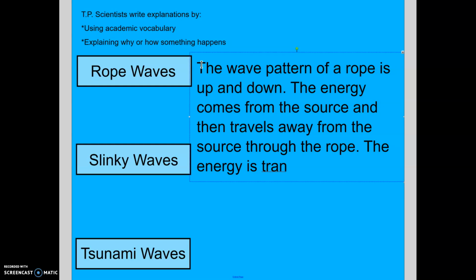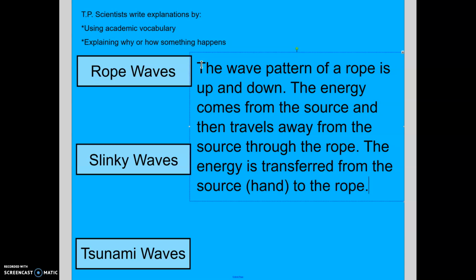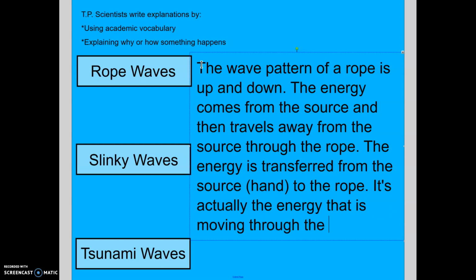So the energy is transferred from the source, which is usually someone's hand moving the rope, from the source to the rope. It's actually the energy that is moving through the rope, and the rope hardly moves.